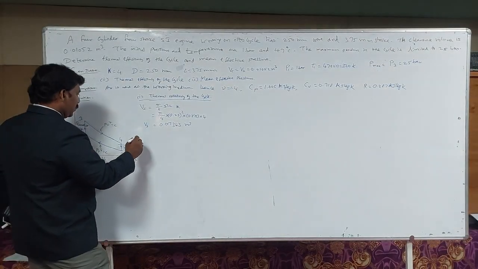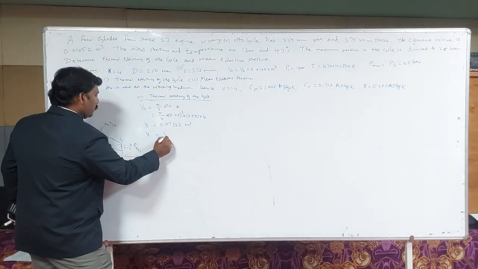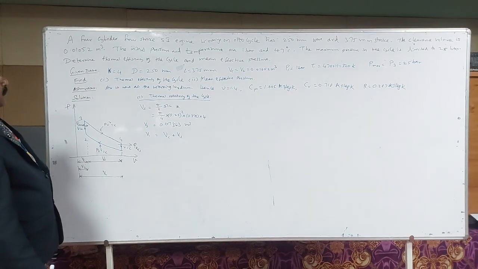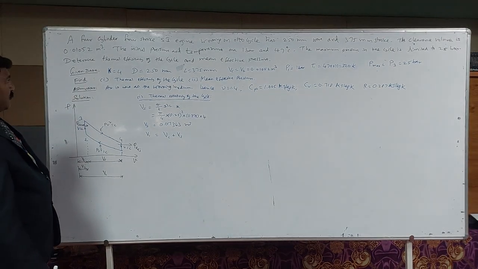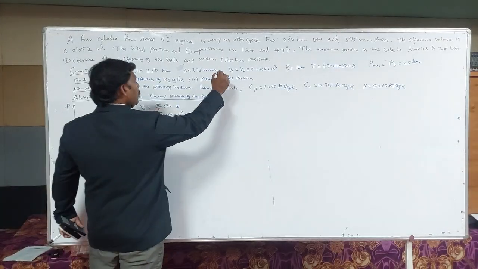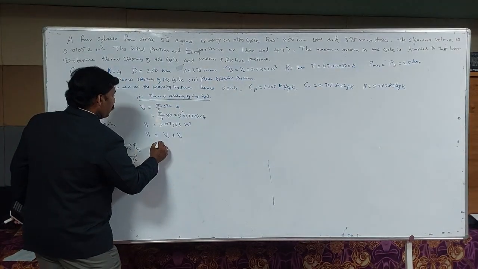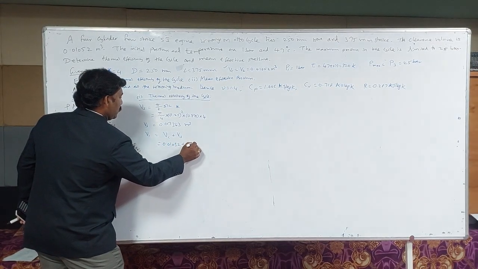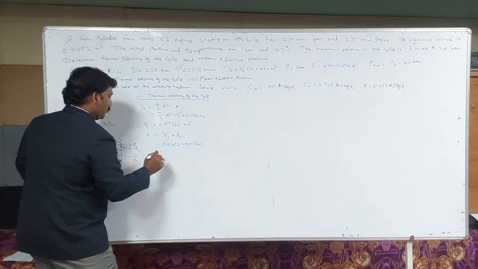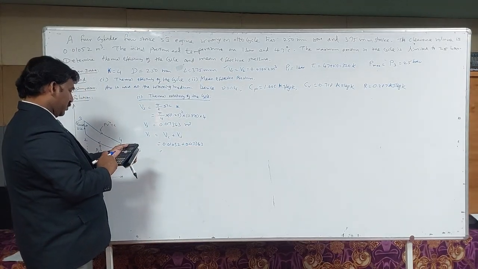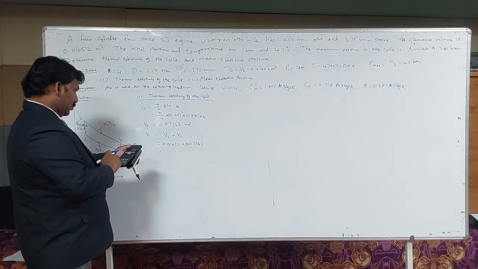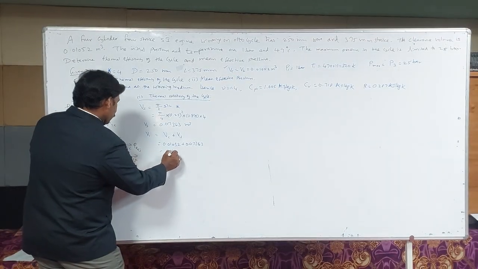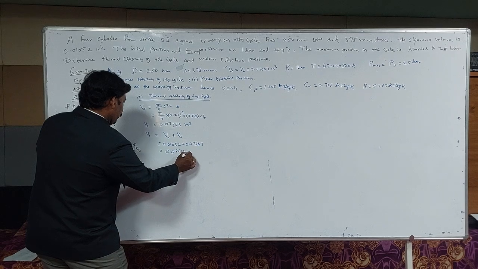Now we have to find out V1. V1 is equal to Vc plus Vs. We know Vc, which is equivalent to V2, therefore 0.01052 plus 0.07363, you will get 0.08415 meter cube.